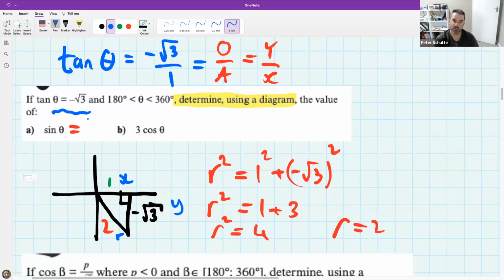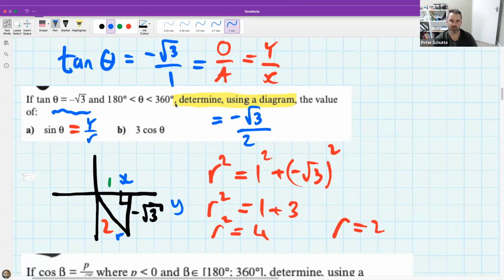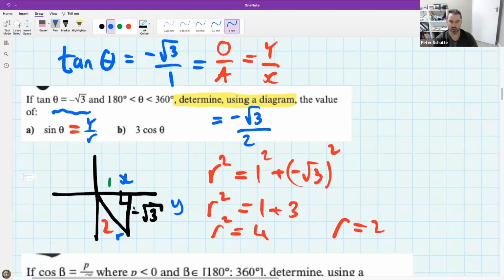Sine is opposite over hypotenuse or y over r. What is that going to give me for this particular situation? Well, we said y is minus root 3 and r is 2. So we get minus root 3 over 2. So all that you have to do in this type of question is draw your drawing and then interpret it. Now, that is the answer for A.